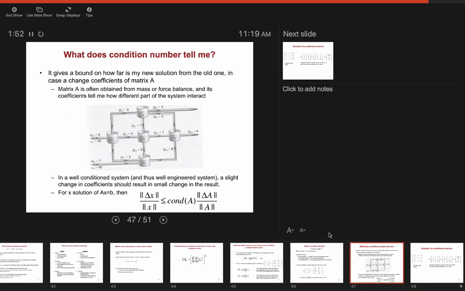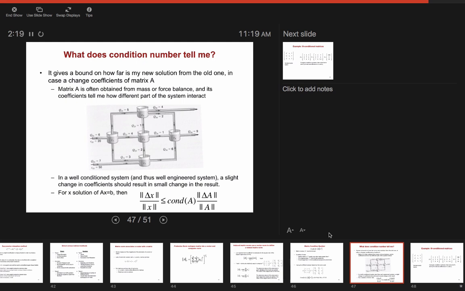So why is this theoretically important? Basically, if I ever so slightly change my matrix A, which is this delta A, I just change the coefficients slightly, and I take a norm of that. This condition number is sort of a coefficient that limits how the difference in the solution will change with respect to the original solution.